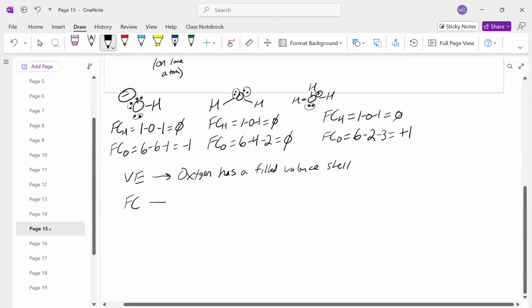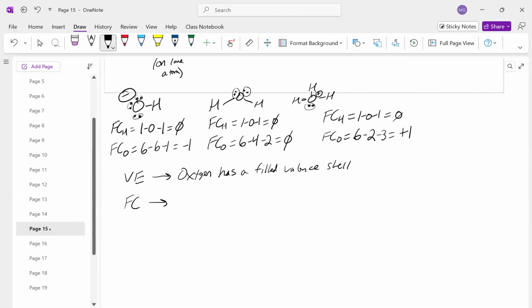And for formal charge, closer to 0 is better. Obviously 0 being the best. But sometimes this is unavoidable, and that's okay.